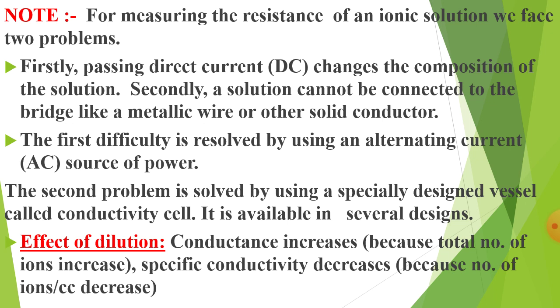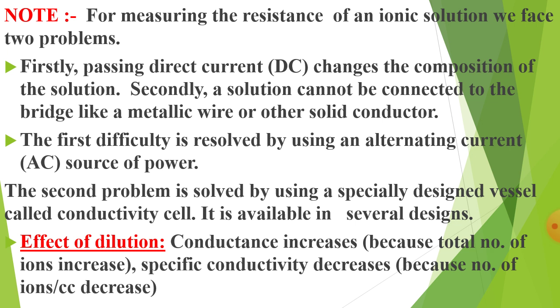Now note, for measuring the resistance of an ionic solution, we face two problems. Firstly, passing direct current, that is DC, changes the composition of the solution. Secondly, a solution cannot be connected to a bridge like a metallic wire or other solid conductor, in which electrons show the conductivity.